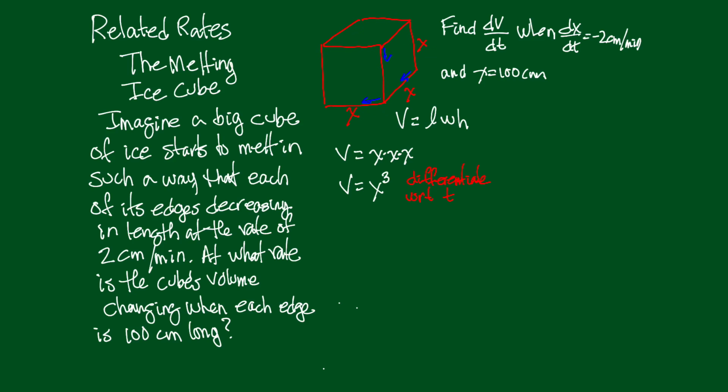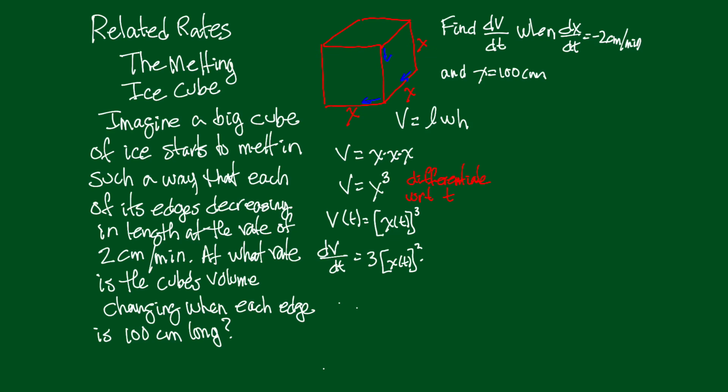Now let's differentiate each side with respect to t. I'm going to do this very carefully, so I'm going to write everything as a function of t. The volume depends on time, and this x value, the length of the edge, well, that depends on time too. So this is going to be x of t cubed. Now when we differentiate, I'm going to get dV dt equals, now this is a base to a power. I'm going to bring the 3 down as a multiplier and decrease the power by 1. So we'll get 3 x of t squared.